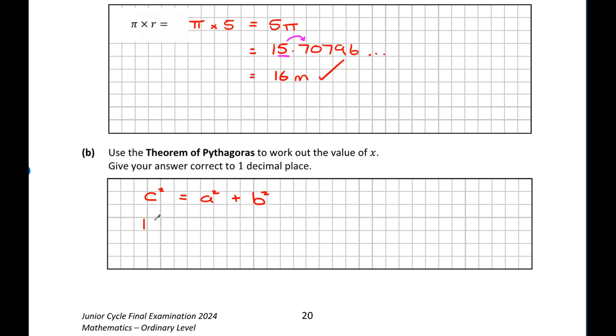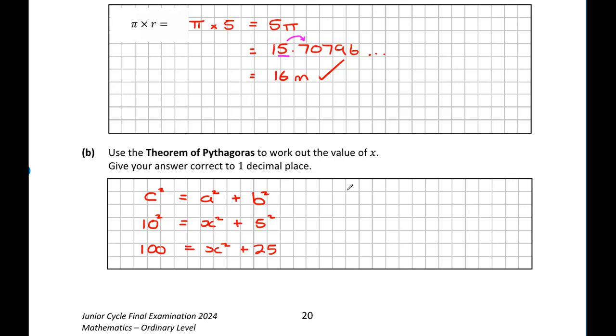So let's do that. So 10 squared equals X squared plus 5 squared. Okay, C is 10, A is X, B is 5. So you're going to get 100 equals x squared plus 25.